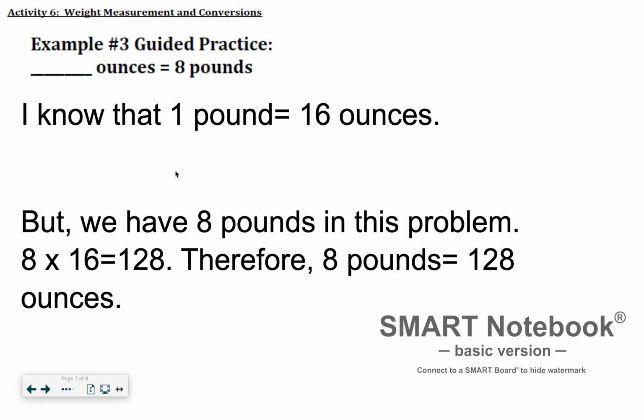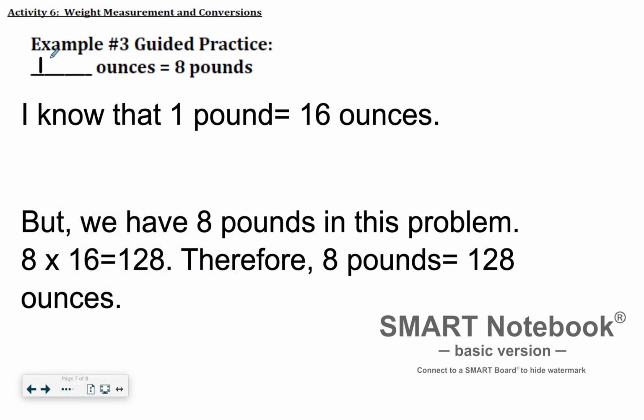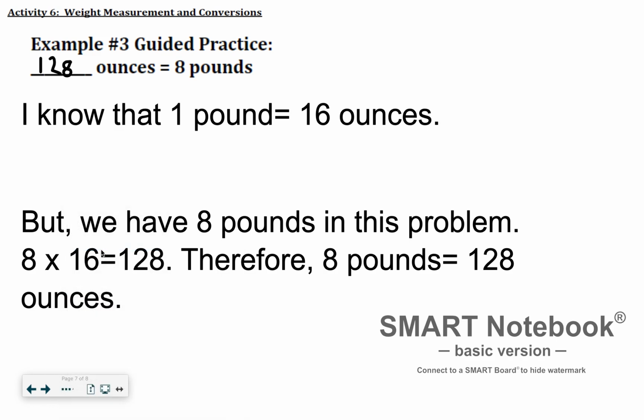Therefore, 8 pounds equals 128 ounces. And we were able to fill in that blank and solve that problem. So I'm just going to fill it in, 128 ounces. And I found out all of my information I needed from that handy dandy conversion chart.